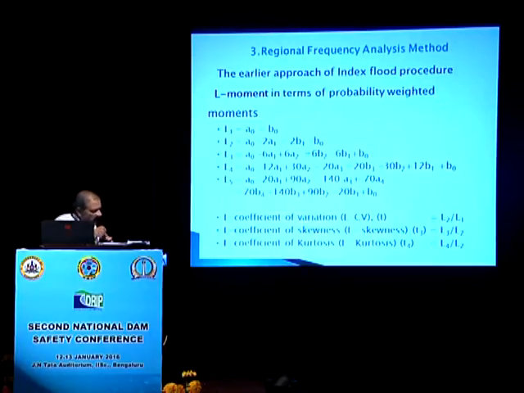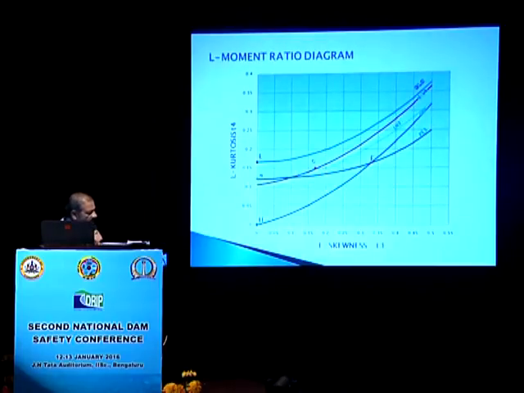And for any probability distribution, the plot is unique. No two distributions are identical. They are quite unique. If we have the sample set, if we plot the L moments, skewness and the kurtosis, it plots on this graph. This is a test graph given by Hosking, very useful for us field engineers.